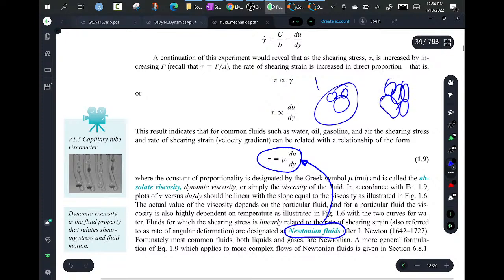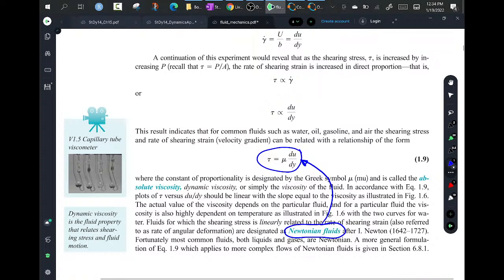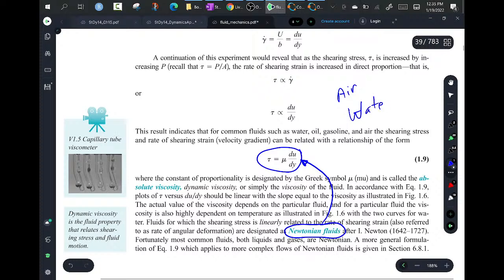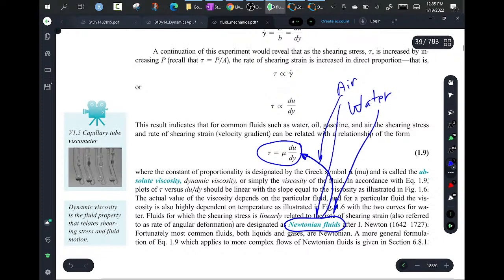This is H2O, and this is a bunch of nitrogen, oxygen, things like that, all bouncing around together. So those two fluids, air and water, or I'll use the common term, water, fit the definition of Newtonian fluids.